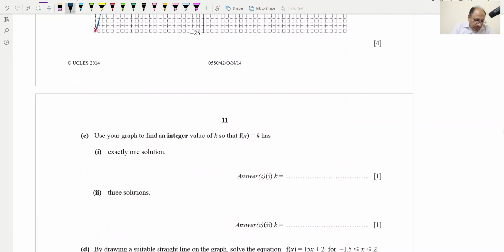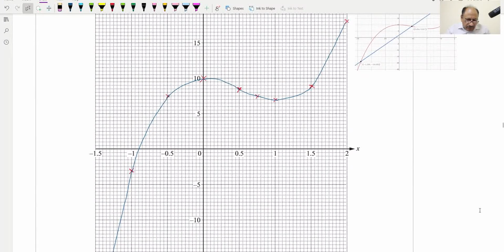Use your graph to find an integer value of k, so that f of x is equal to k has exactly one solution. Exactly one solution will be when this value is less than 7. We can indicate basically less than 7 and more than 10.